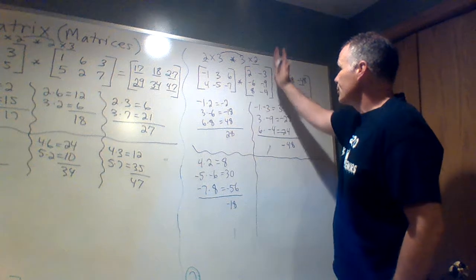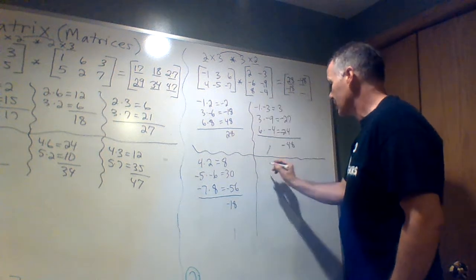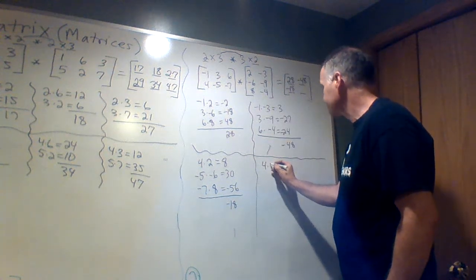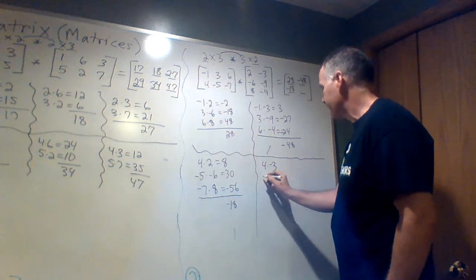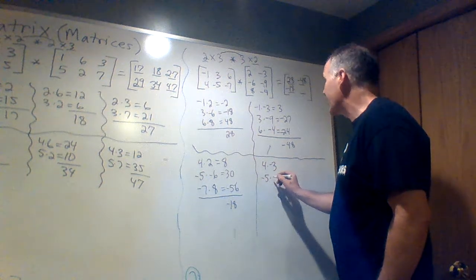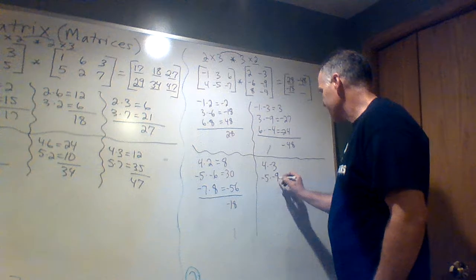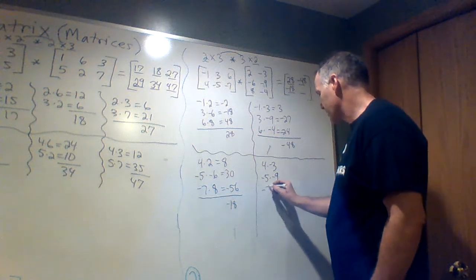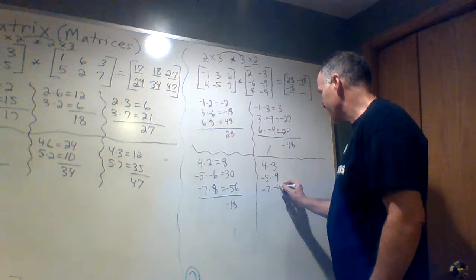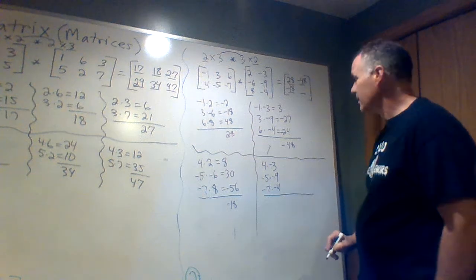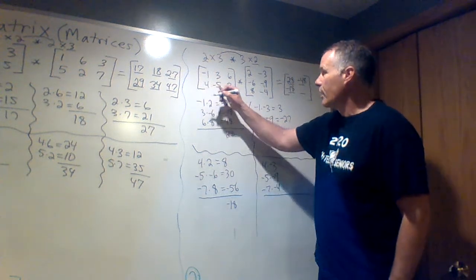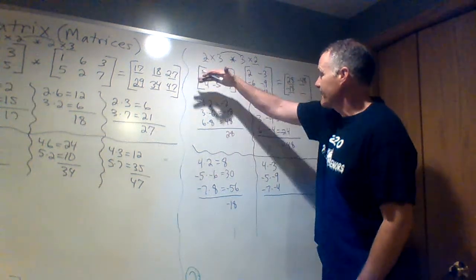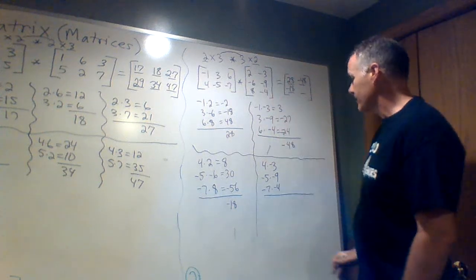So row 2 down column 2. So again, 4 times negative 3, negative 5 times negative 9, negative 7 times negative 4. Okay, so again, 4, negative 5, negative 7, standing up that row, down that column.